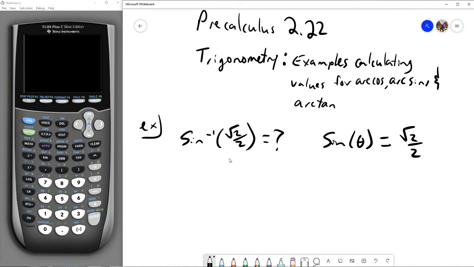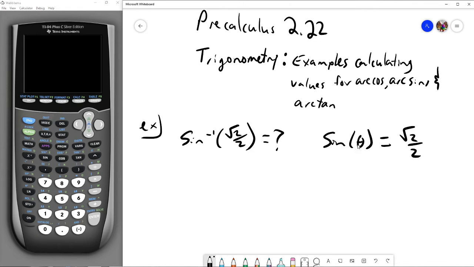And now we want to think backwards. So if we recall from before, sine, if you plug in an angle, gives out the y coordinate. So when we see the problem of what does arcsine of square root 2 over 2 equal, this is saying the same thing as what angle do I get out if I plug in the y coordinate for sine.